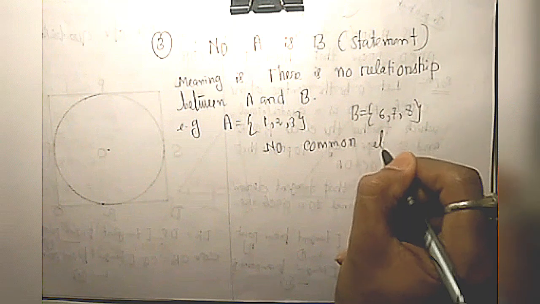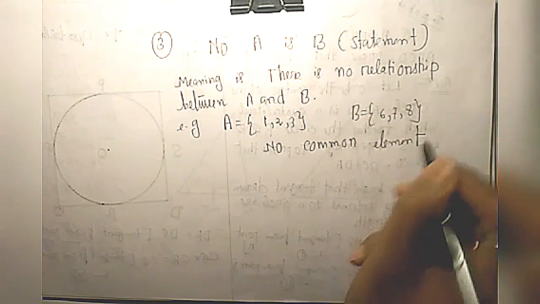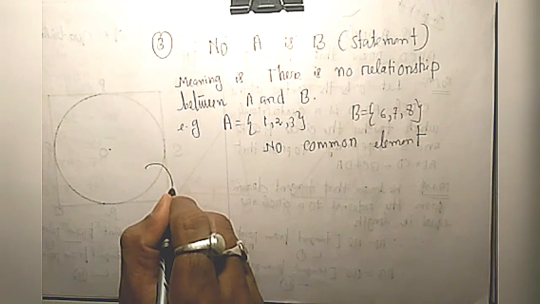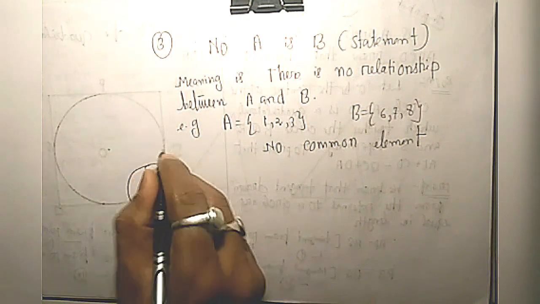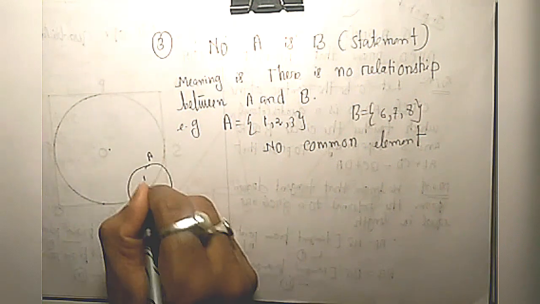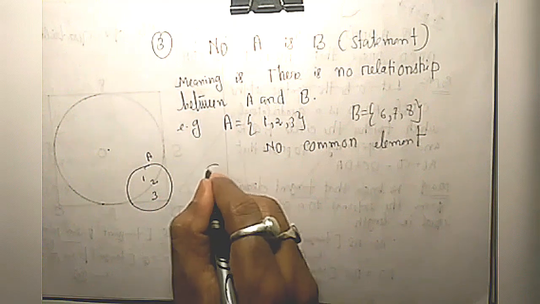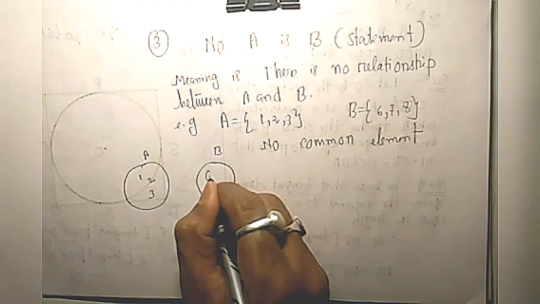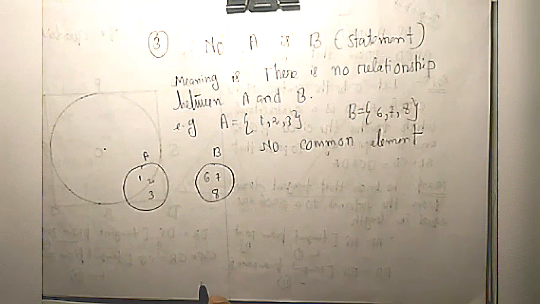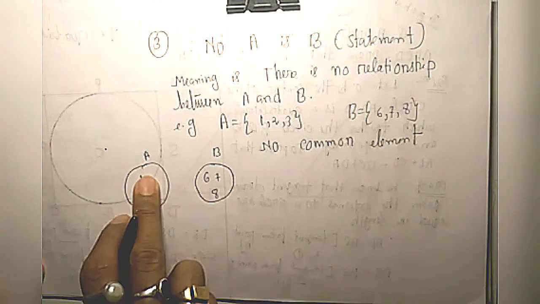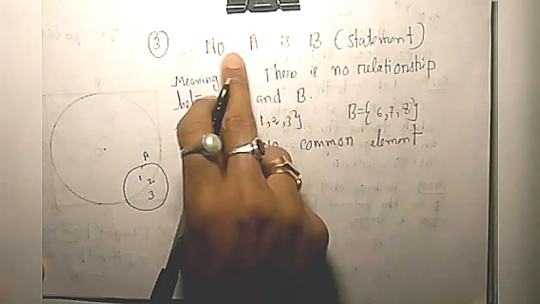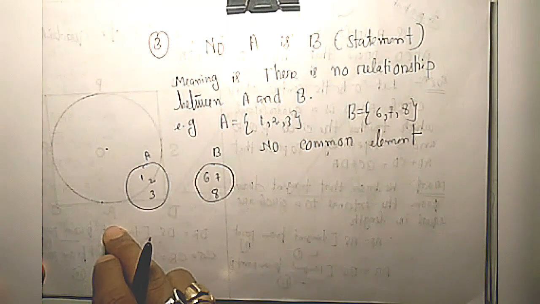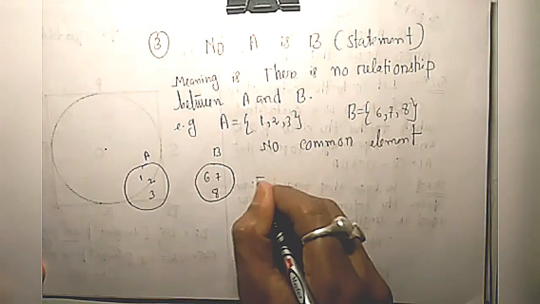Suppose this is the first circle which represents 1, 2, 3, and this is the second circle which represents the group containing the elements 6, 7, 8. There is no relation between A and B. That means there is no common part between A and B.